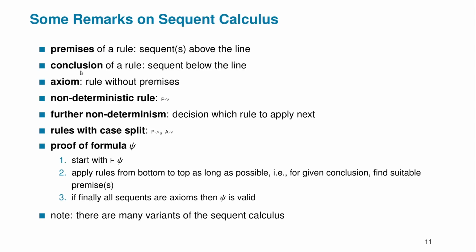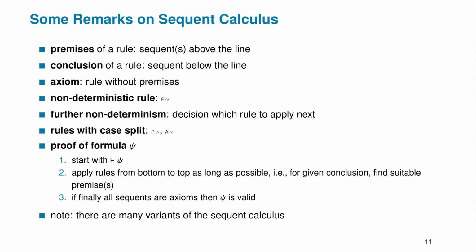Premises are above a rule, conclusions below a rule. An axiom is a rule without premises, it just holds. We have one non-deterministic rule. We have here two choices how we handle this disjunction on the right hand side.